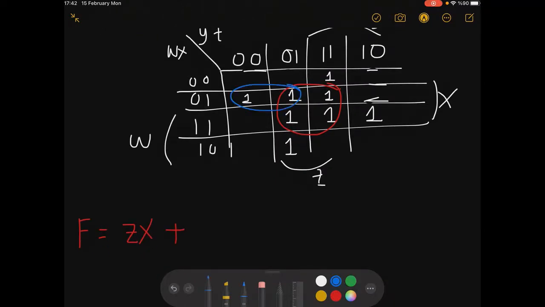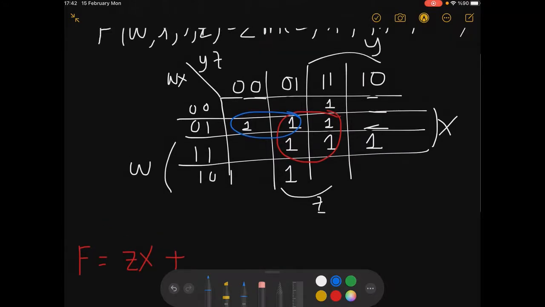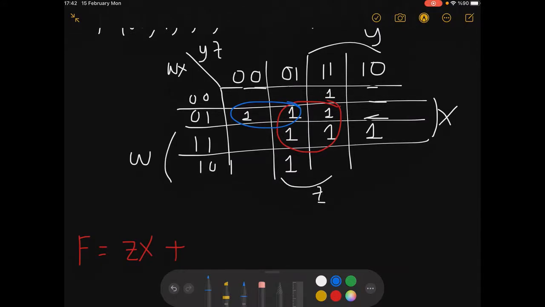This one, which is your W naught and X and oops, not X. It's not dependent on X, you see. X. No, it's X. Yes, correct. W X. And Y naught is the same here, but Z is changing.